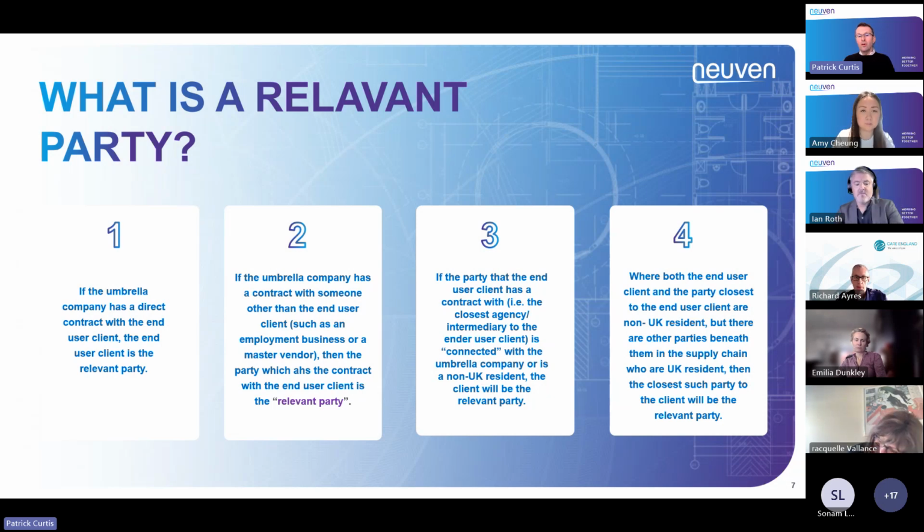If the supply chain is longer than that, i.e., there are companies below the employment agency that employ the workers, then it is the employment agency or the business with the contract with the end client that is the relevant party. So if the supply chain is an umbrella company, an employment agency, and the client, then the employment agency is the relevant party.